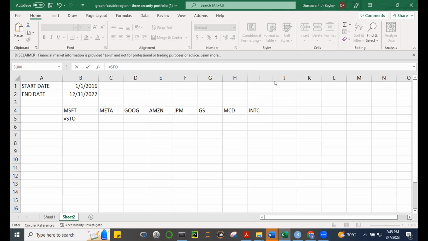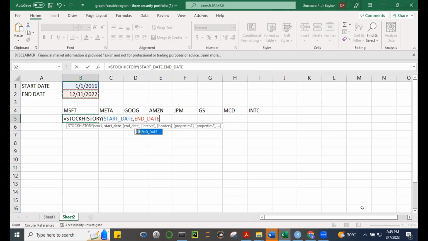Good. All right. So this is very convenient, class, this stock history function. Start date, start here, comma, end date, this one. Okay, comma, and then let's leave it blank for now.